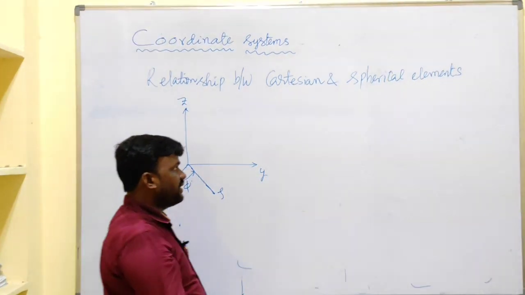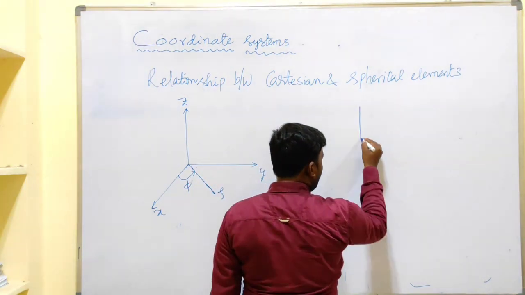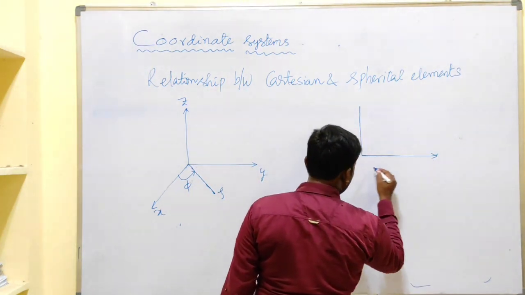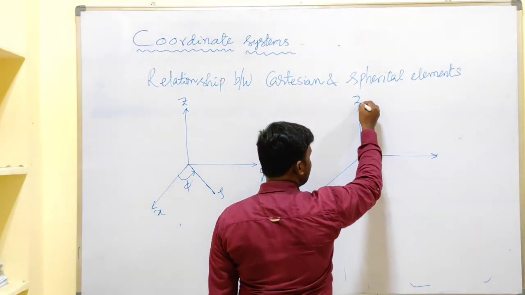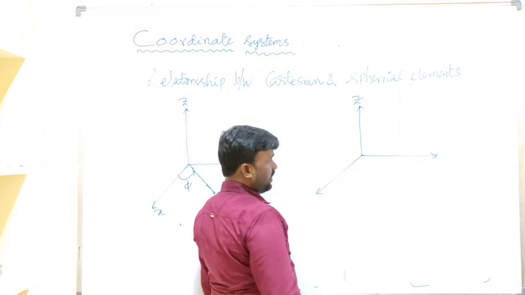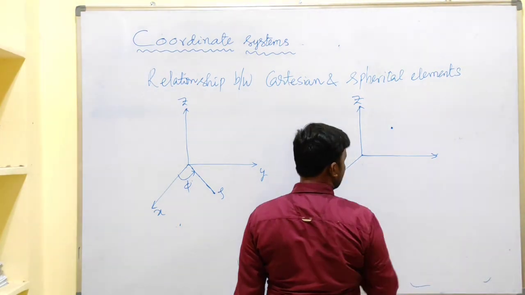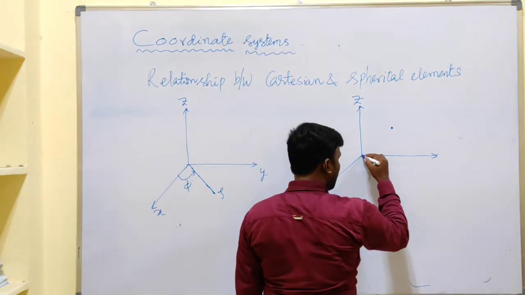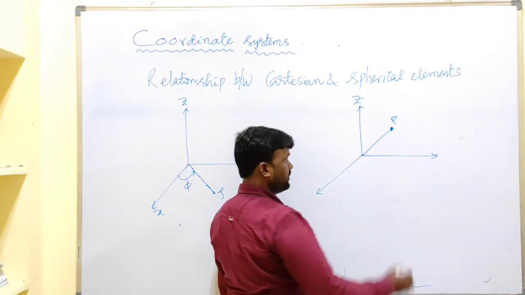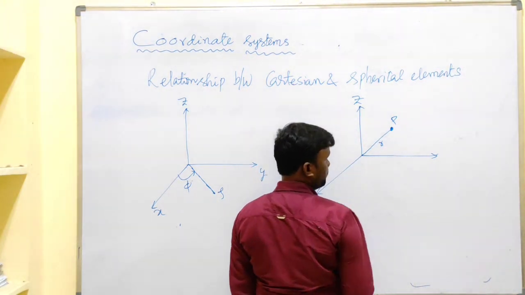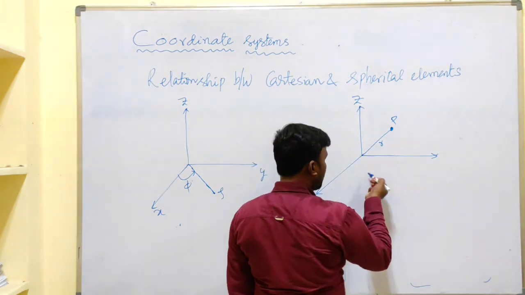Now move on to our spherical coordinate system. In the spherical coordinate system, z is the reference axis, and we have a point in space, a point on the sphere. This is taken as the radius of the sphere, that is r.